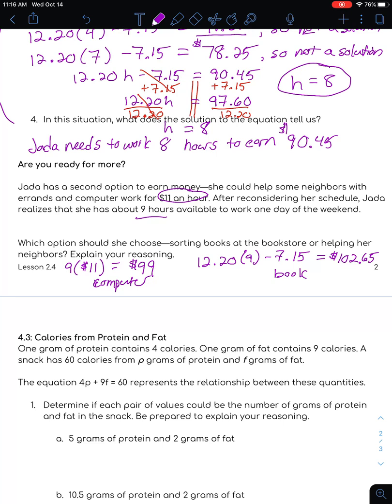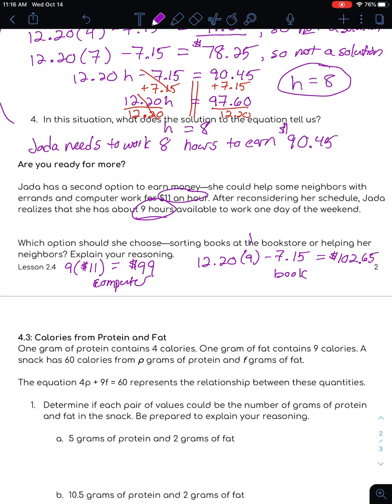For one, it's more convenient. So although it's slightly less money, for a big difference that might be one thing, but slightly less money, and it's much more convenient. Secondly, you could maybe even argue that the 9 hours really isn't how much she'll have at the bookstore, because if she only has 9 hours available, well, she's got to take the bus to the bookstore.